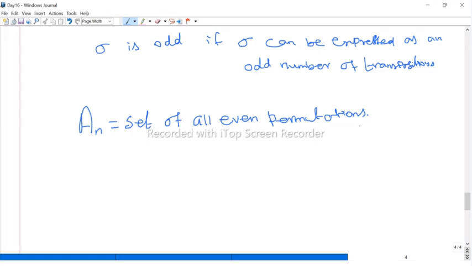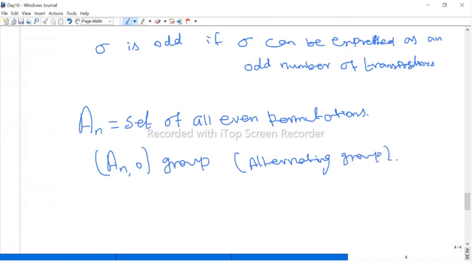This forms a group with respect to the same operation, composition. So this An with respect to composition forms a non-abelian group, and this group is called the alternating group. That's why we call it the alternating group.